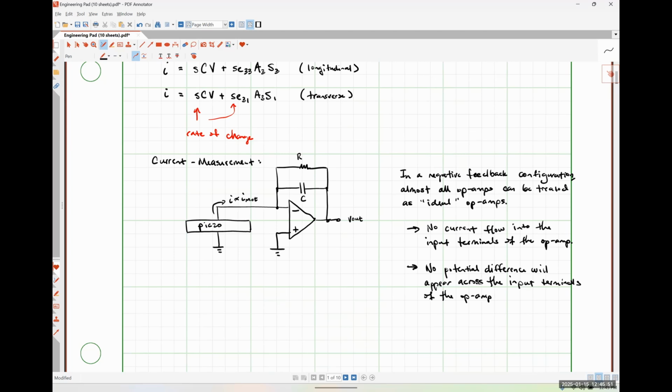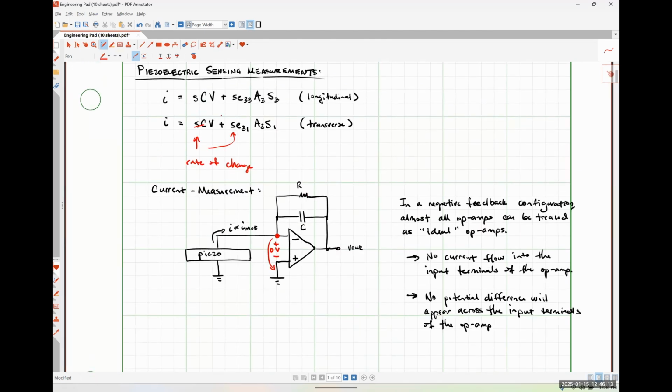So why that's particularly important here is if there's no potential difference between here and here, that means that this node is essentially at ground. So both sides of the piezo element are grounded, which means the sC_V term goes away because there is no voltage drop across the device.